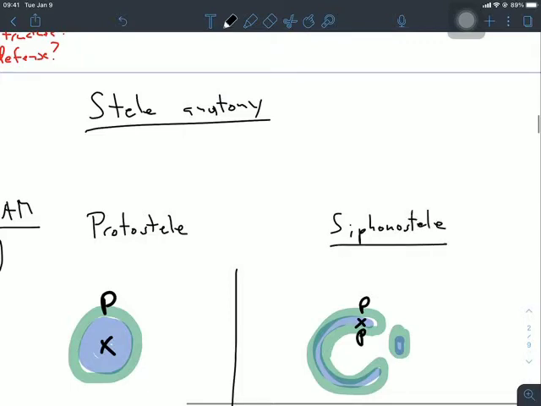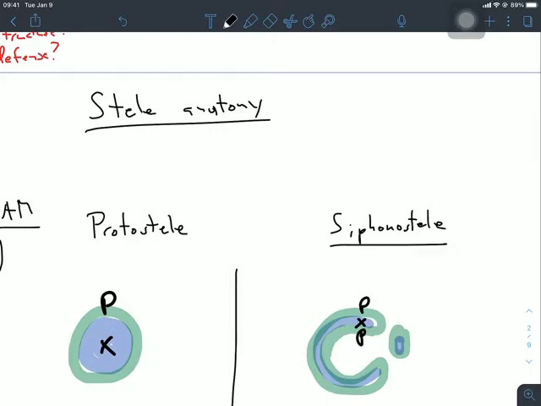Now, I have no idea whether this is accurate, but I would imagine that siphonosteles are named, at least in my way of keeping track of this, because they're able to siphon away pieces of the vascular column to make leaves, to make megaphylls.